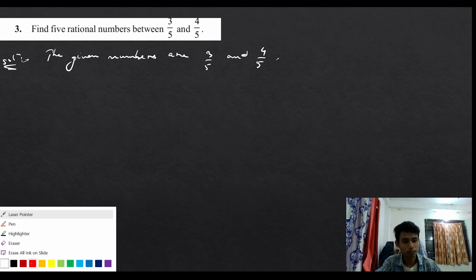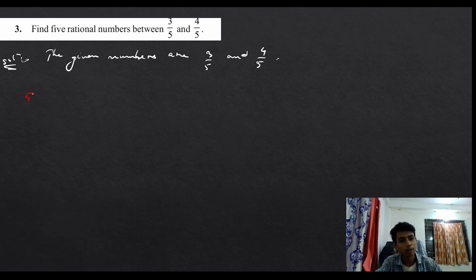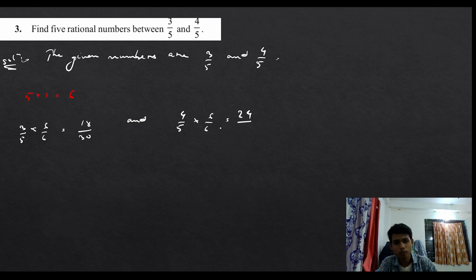Therefore, to convert the sample space, we will multiply it with 5 plus 1, that is 6. 3 by 5 into 6 by 6 equals 18 by 30, and 4 by 5 multiplied by 6 by 6, 6 times 4 gives 24 divided by 30.